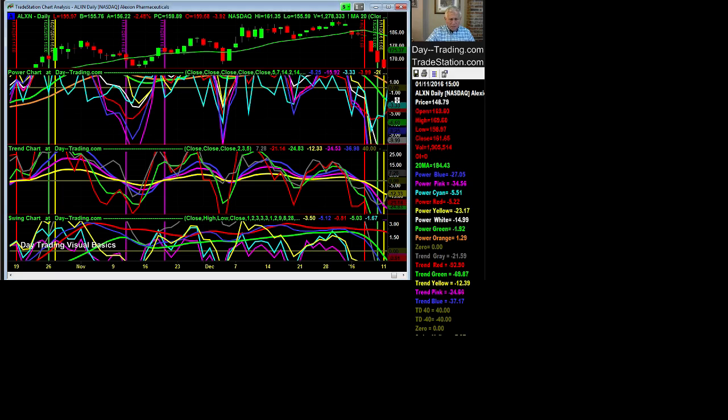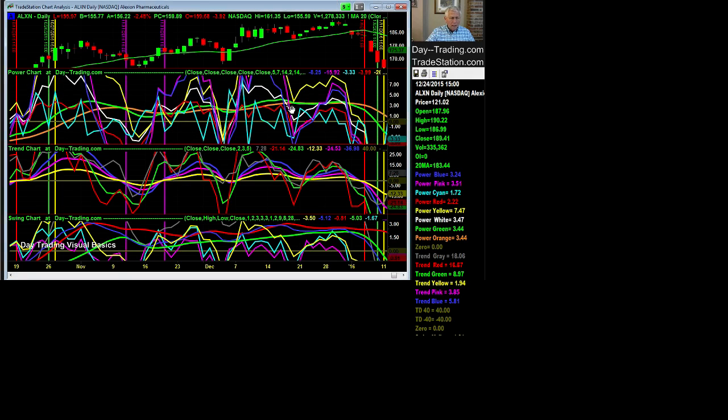When we're looking at the power wide lines of orange and green, we have a downtrend going on here between the two pink vertical lines, but the lines are still above zero.